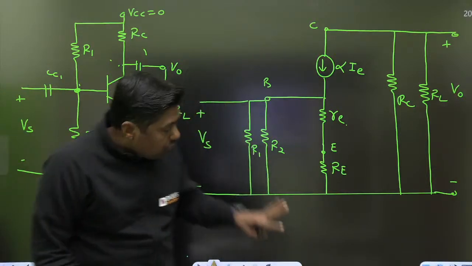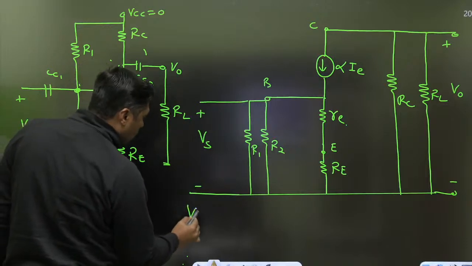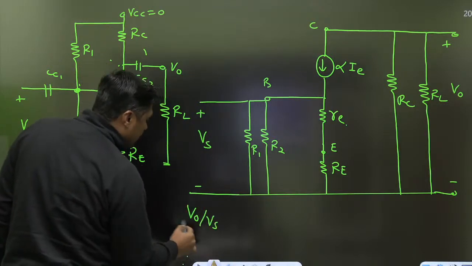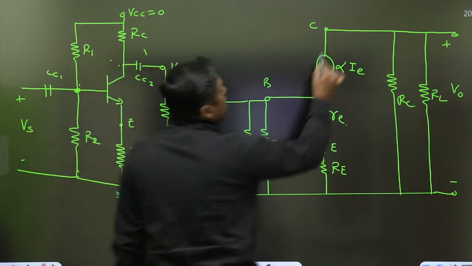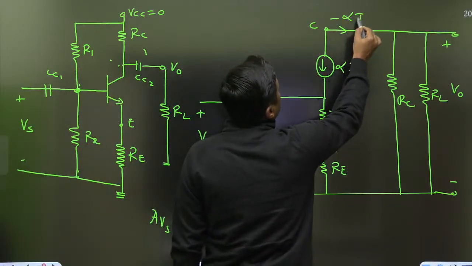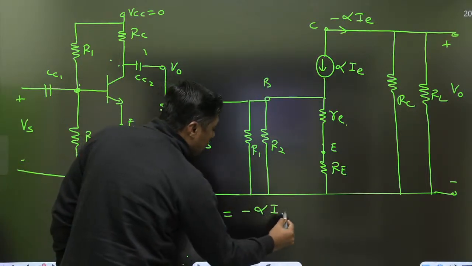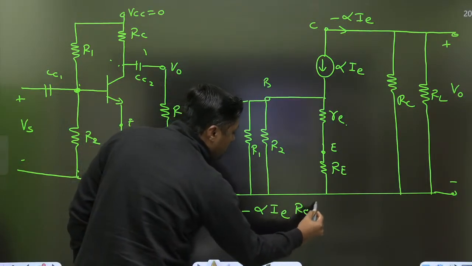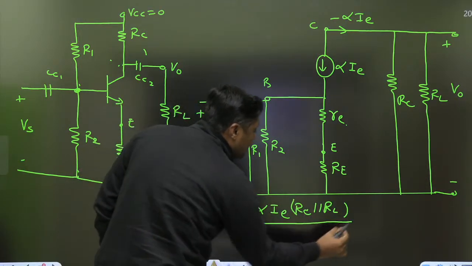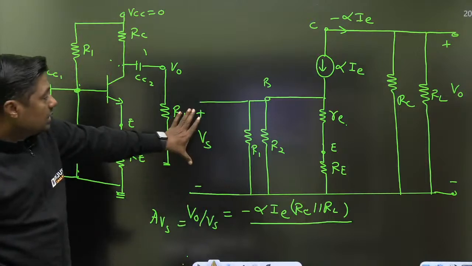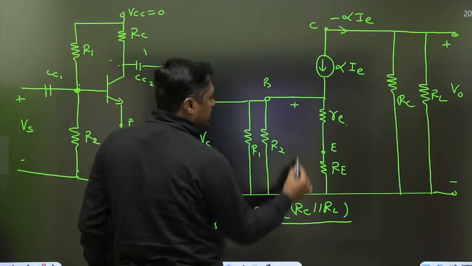Now, a very simple solution. If it is unbypassed, what is V naught by Vs? That is nothing but the mid-band voltage gain. We can write V naught is equal to minus alpha I times RC parallel with RL, that is RL dash, upon Vs. This is the Vs, from this point to this point.